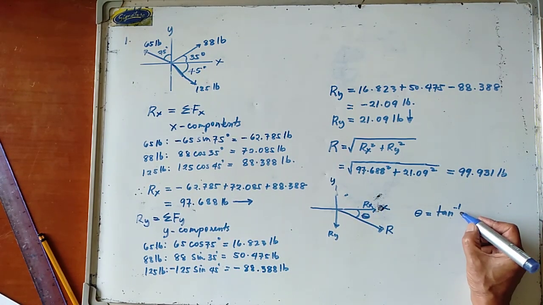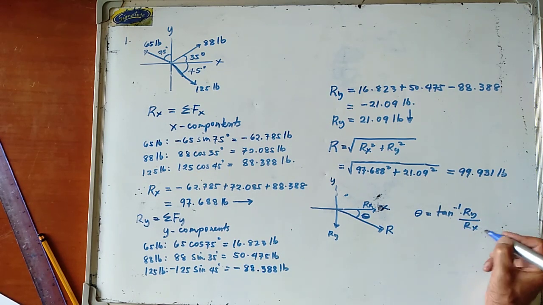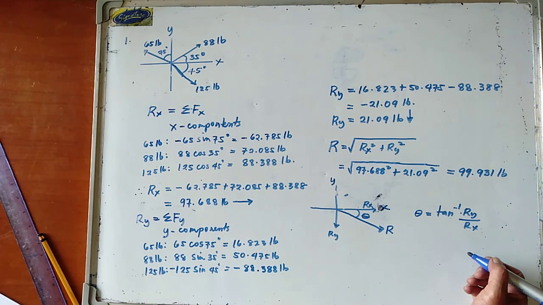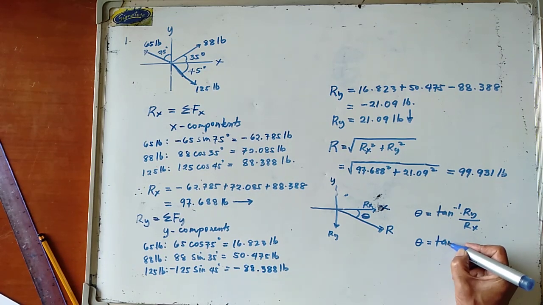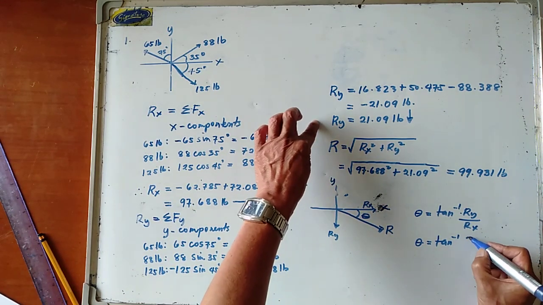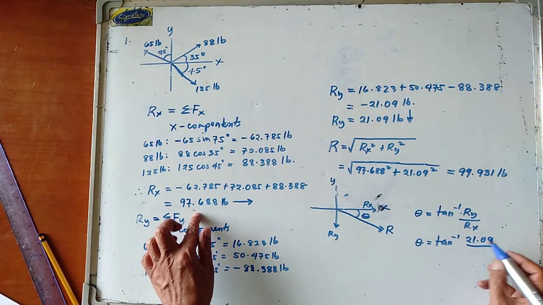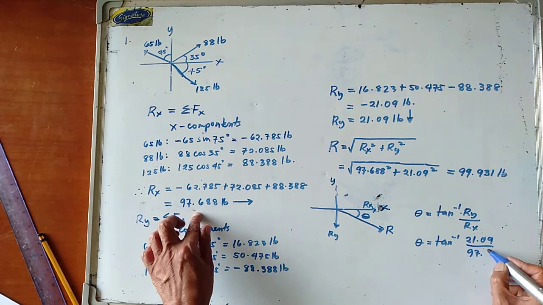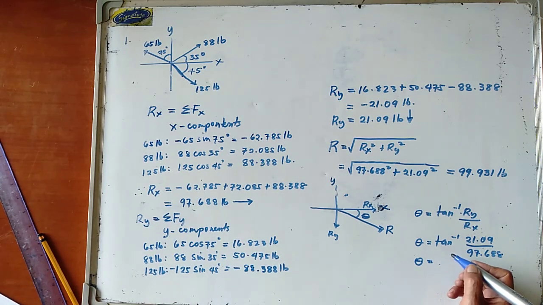So it is equal to the arctangent of Ry all over Rx, which is equal to the arctangent of 21.09 all over 97.688. Therefore, it makes an angle of 12.18 degrees with the x-axis.